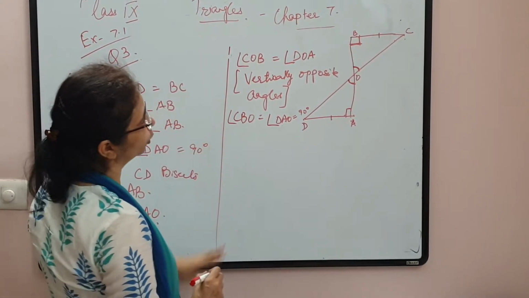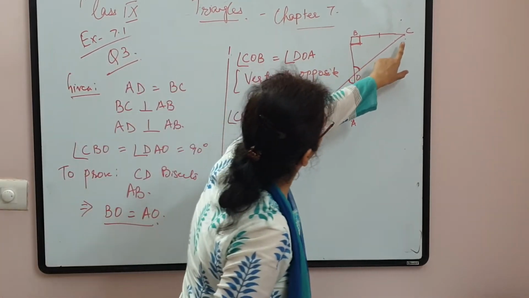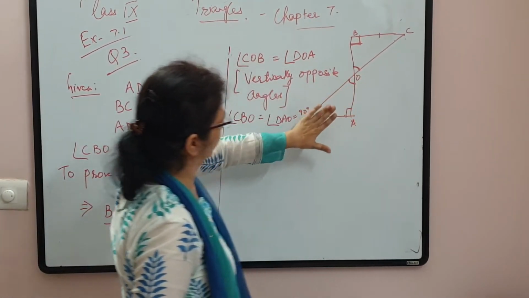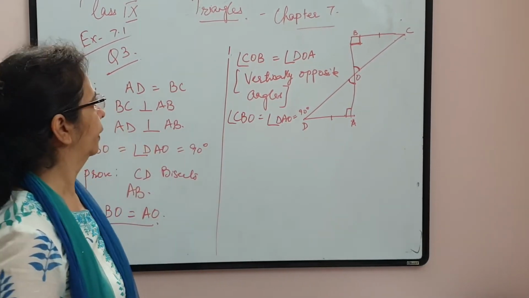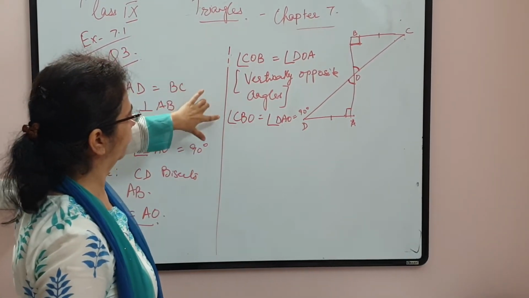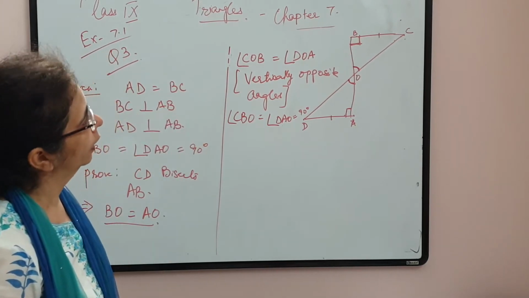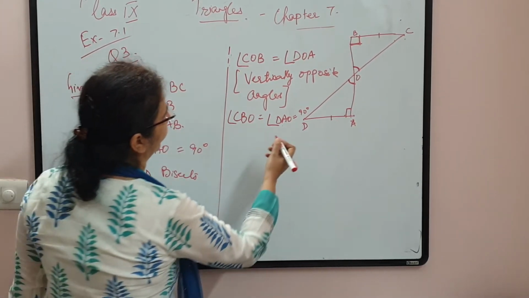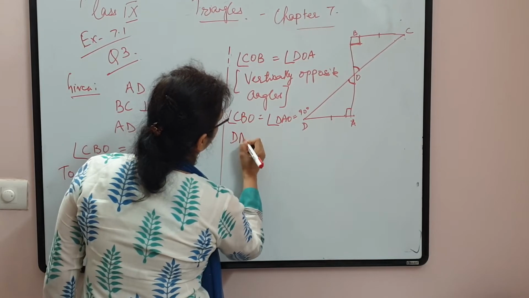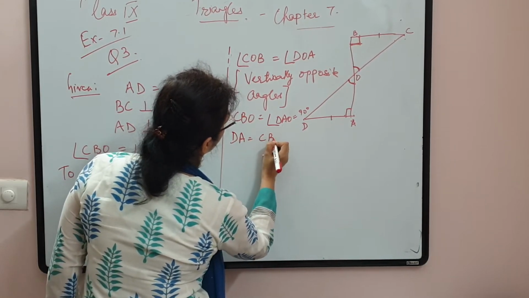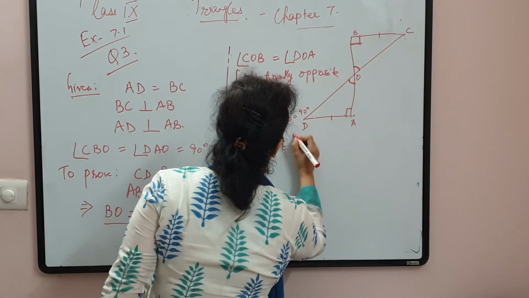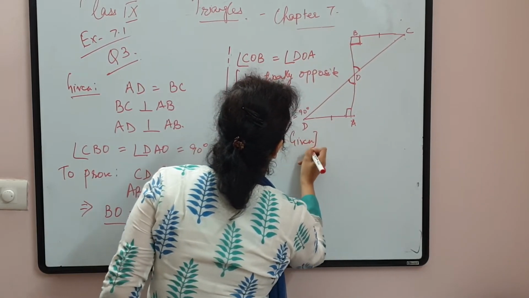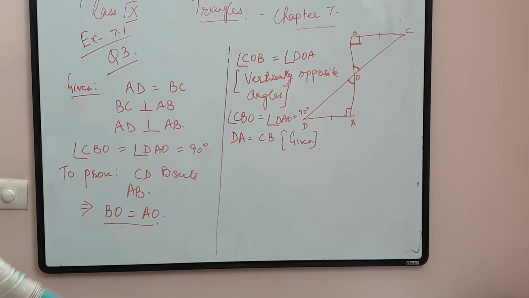We are considering two triangles, understood? CBO and DAO. In these two triangles, we are seeing which parts are equal. Now what else is equal? Another thing which is equal is DA is equal to CB. This side is equal to this side. Why? It is given.